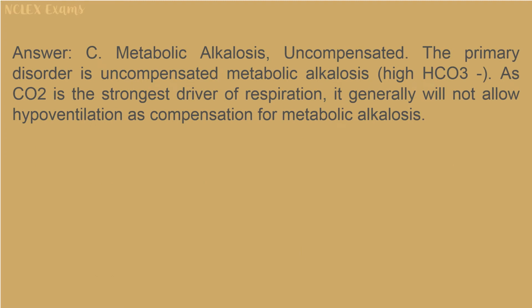Answer: C. Metabolic alkalosis, uncompensated. The primary disorder is uncompensated metabolic alkalosis, high HCO3. As CO2 is the strongest driver of respiration, it generally will not allow hypoventilation as compensation for metabolic alkalosis.